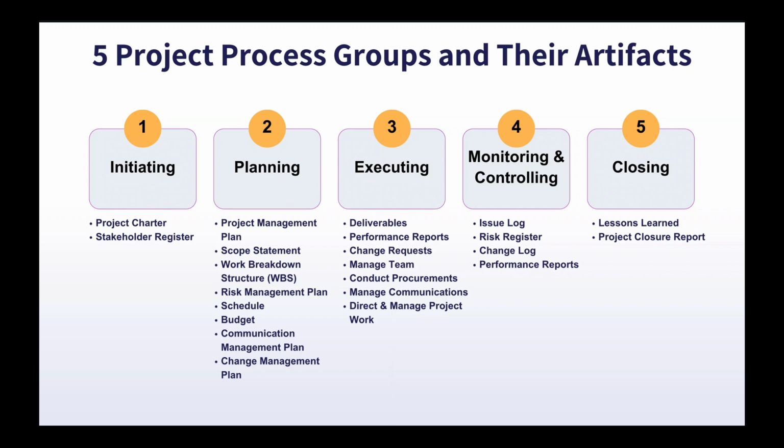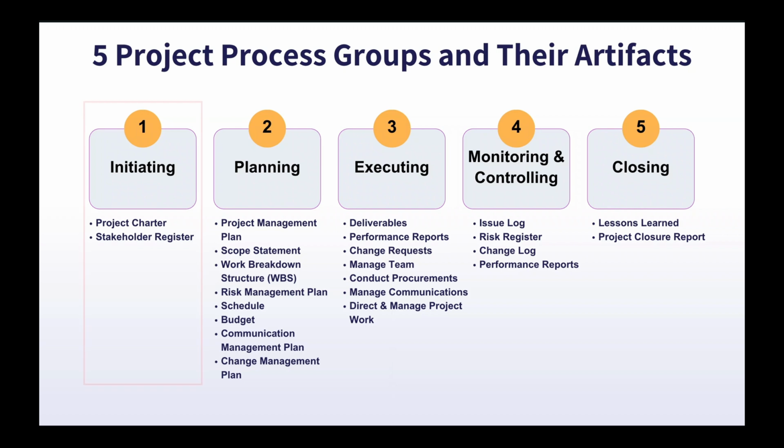So for executing, you would implement the project management plan, and using monitoring and controlling, you would track the project deliverables, identify the project risks, and make sure that you address them in advance so that they don't turn into issues. For the closing process group, this is the final phase that involves finalizing all project activities to formally close the project or phase.